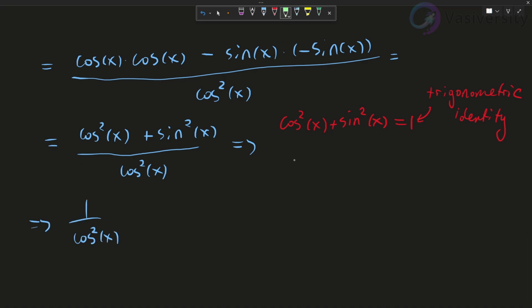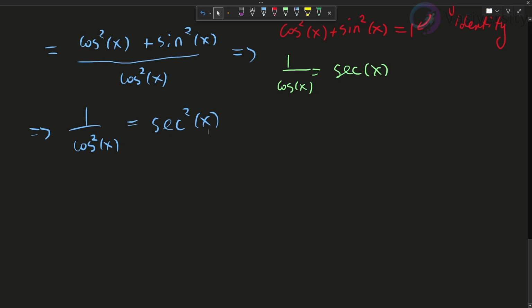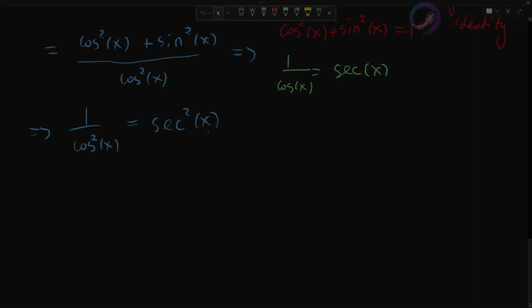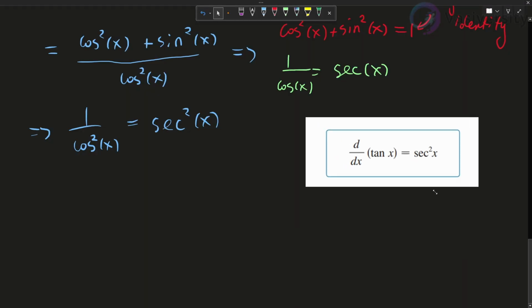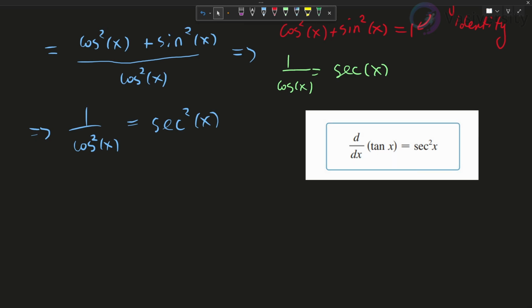Well, let's also recall that 1 over cosine of x is equal to secant of x. So that will end up being secant squared of x. So the derivative of tangent is going to be secant squared x.